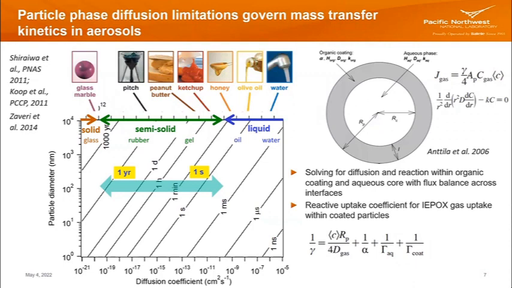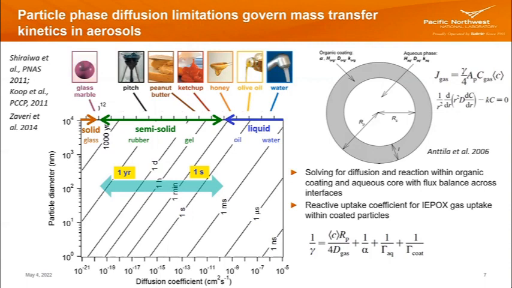Then coming back to how we actually model IPOX SOA. So one way to model it is using core-shell morphology. So in the core you have inorganics, and then in the shell you have the organics coating it. And so the way you get the reactive uptake coefficient of IPOX gas is by solving the spherical reaction and diffusion equations here. And then on top of that, you do a flux balance across different interfaces, across the organic-air interface and the organic-aqueous interface.